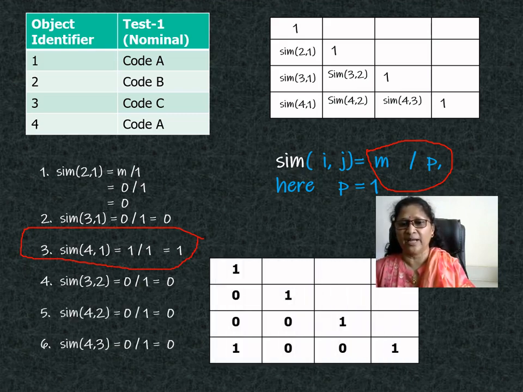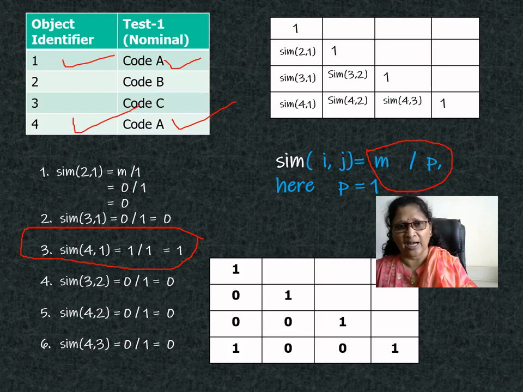Once we compute, the values come out like this. The similarity between 4 and 1 is 1, which represents that the code on which they are working is the same. So objects 1 and 4 are similar, whereas objects 1 and 2, and objects 1 and 3 are dissimilar.